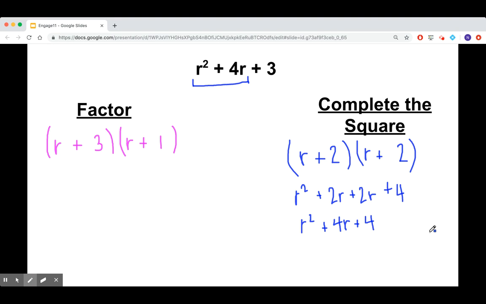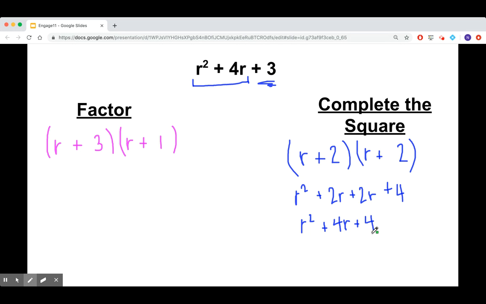Now, we did not end up with an expression that is equivalent to r squared plus 4r plus 3 because our constant term is a 4. And again, here it's a 3. However, we can easily manipulate, that means change around, our expression in order to make it equivalent.